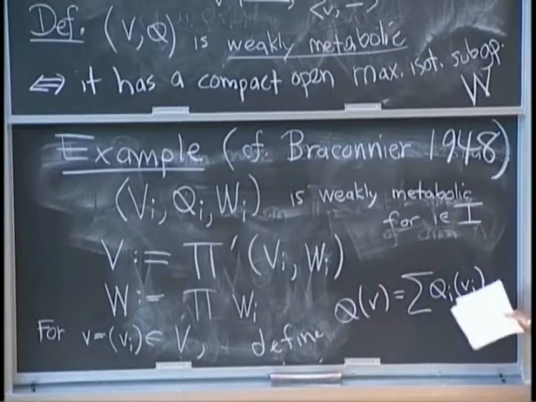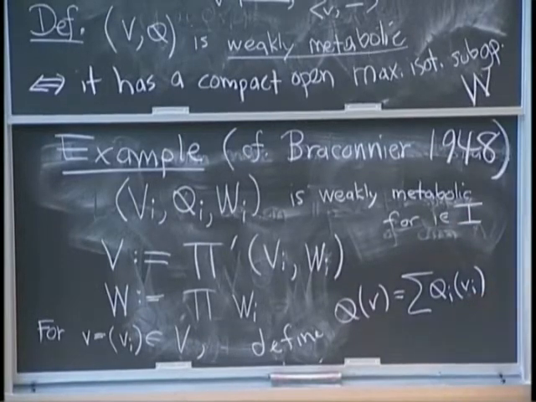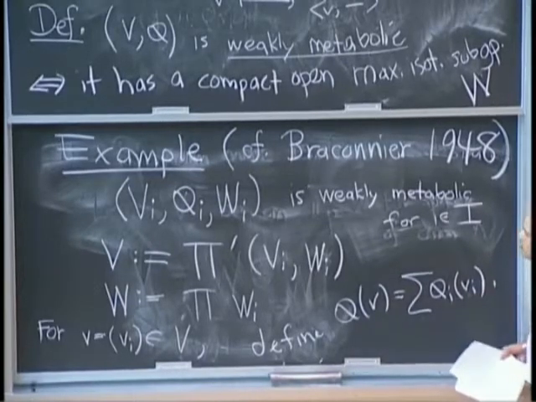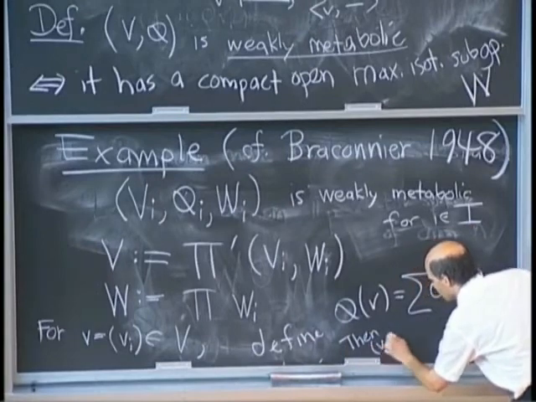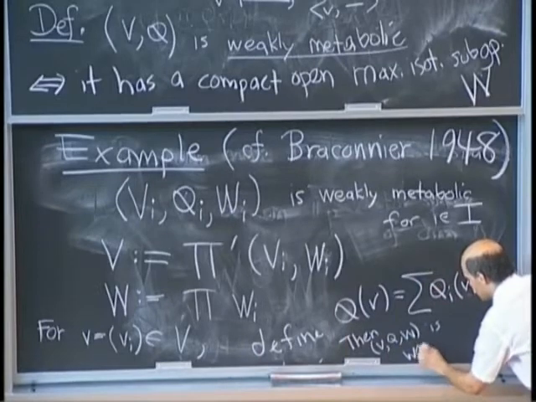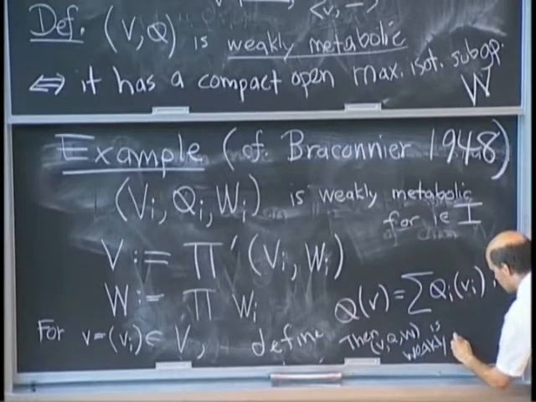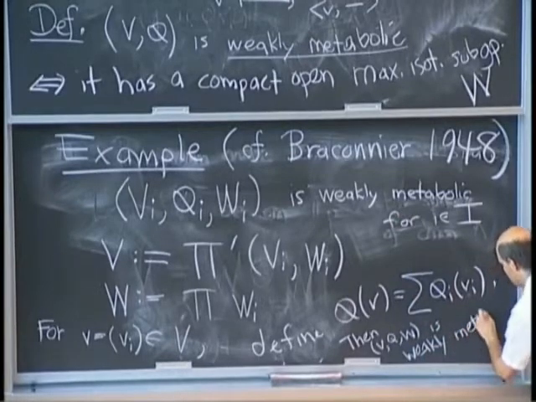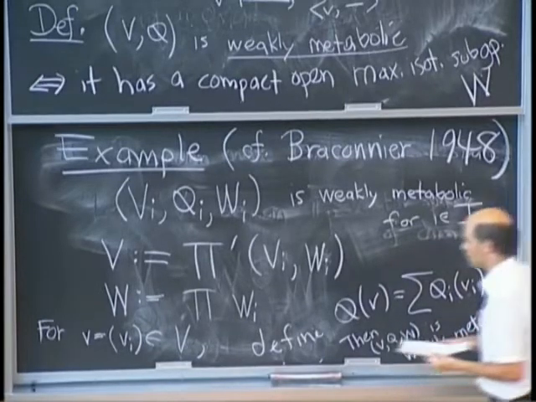This makes sense because these v_i belong to W_i for almost all i, so almost all the terms are 0. Then you can guess what the conclusion is: this triple is a new weakly metabolic locally compact abelian group with a quadratic form and subspace.